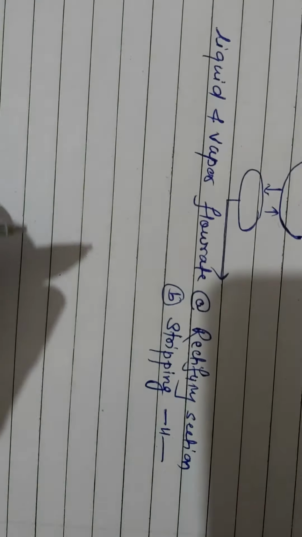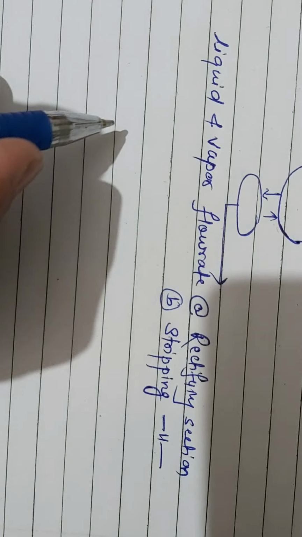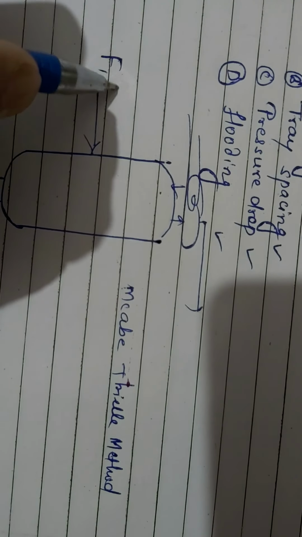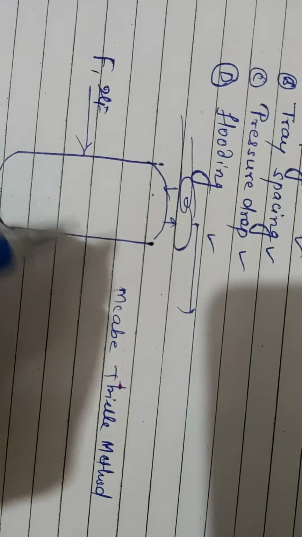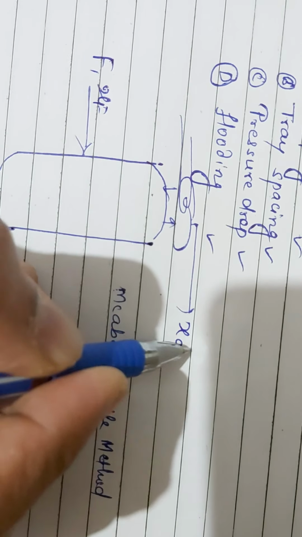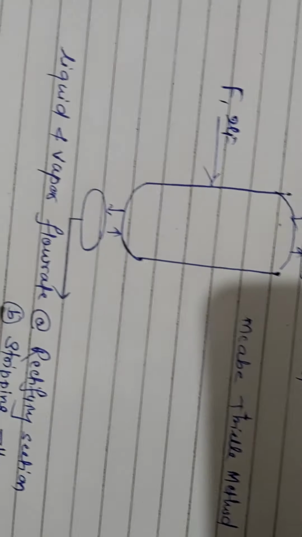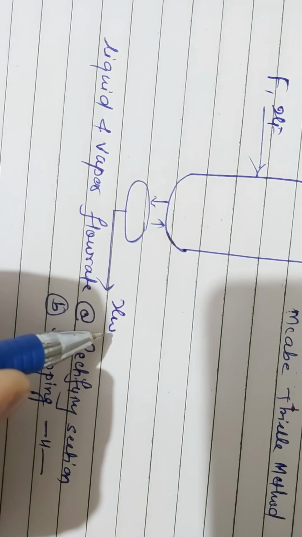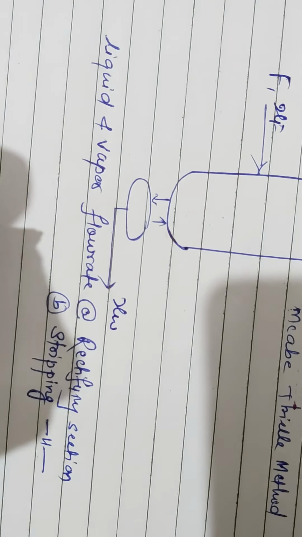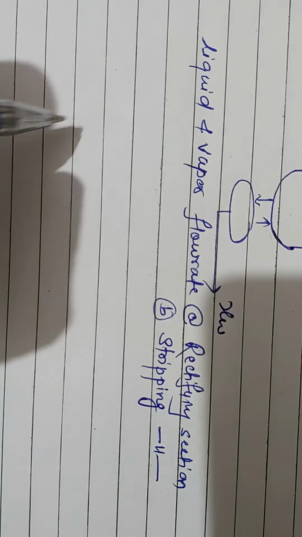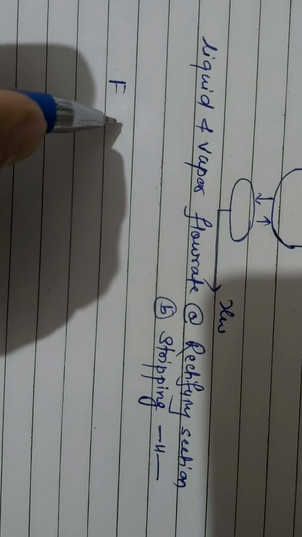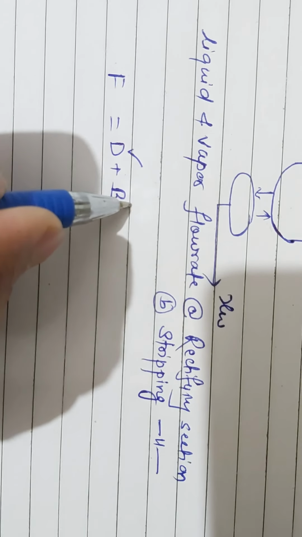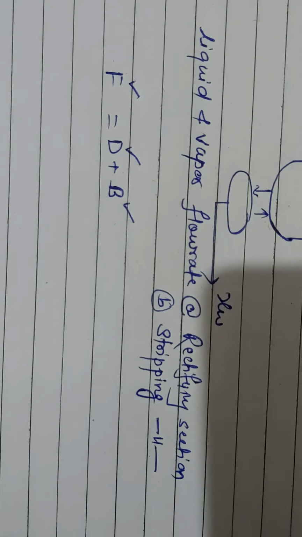Now the typical way is you have been given the flow rate, you have been given XF, XD, and XW, which is what is expected at the bottom. Now we have the equation F equals D plus B. D is the top product, B is the bottom product, F is the feed.